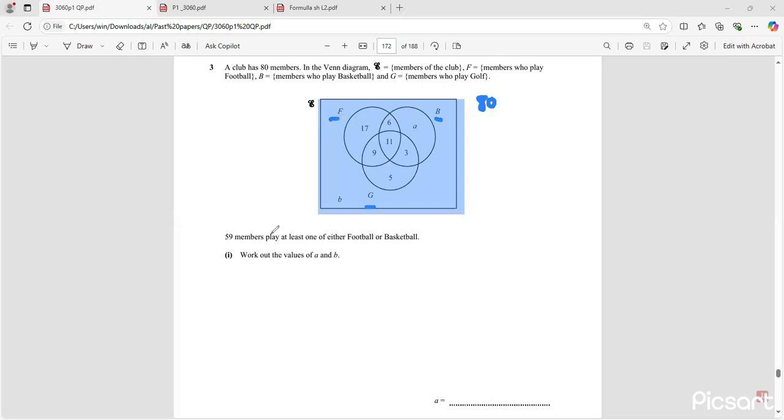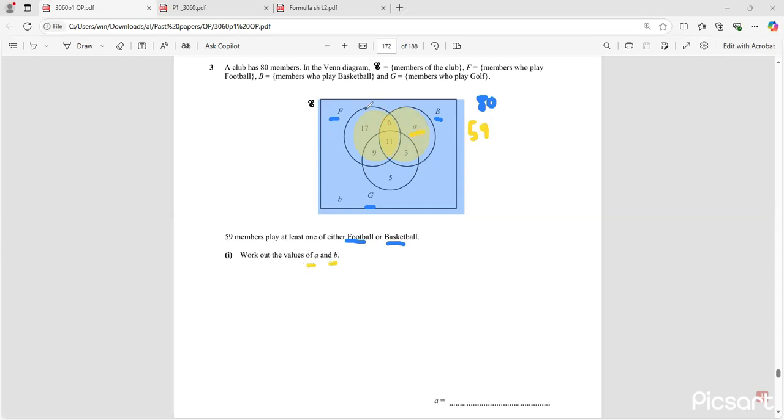He says 59 of the members play either football or basket. So we have these two circles, and the total of the two circles, F and B, will equal 59. He wants you to find the value of A and B. Where is A? A is inside the basket.